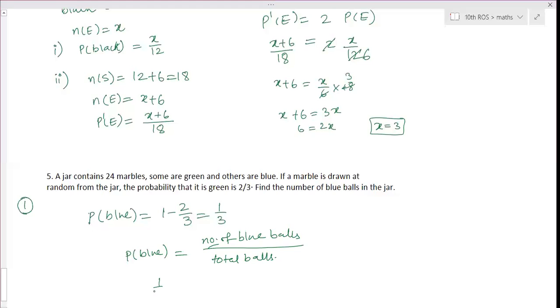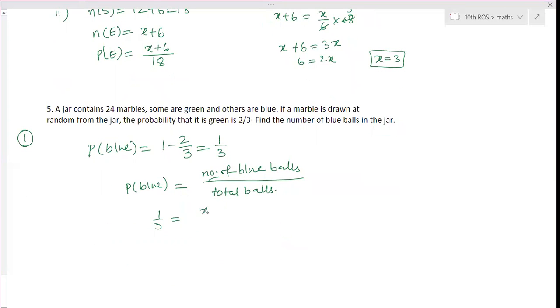So 1 by 3 is equal to the number of blue balls, which we don't know, say x, by 24. So 24 is equal to 3x, and 8 is equal to x. Okay, ma'am, thank you. I took two different variables. Is that fine? Okay.